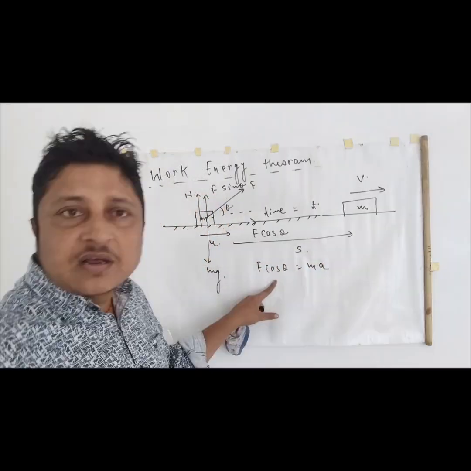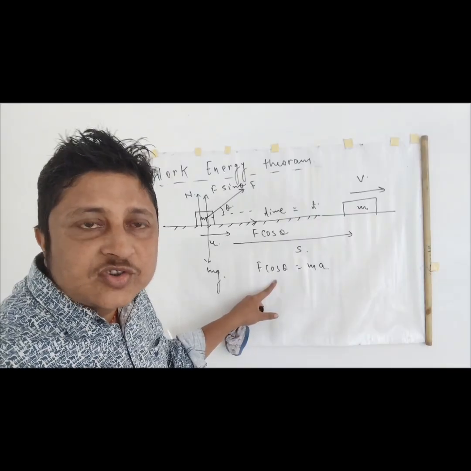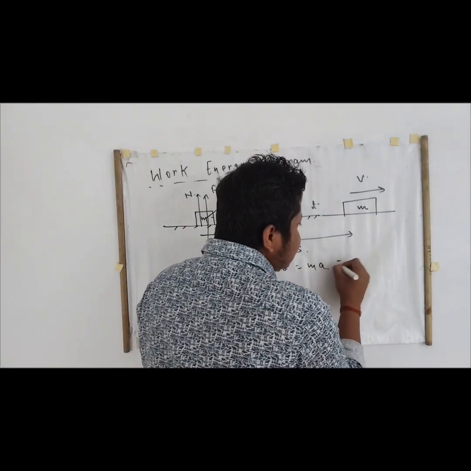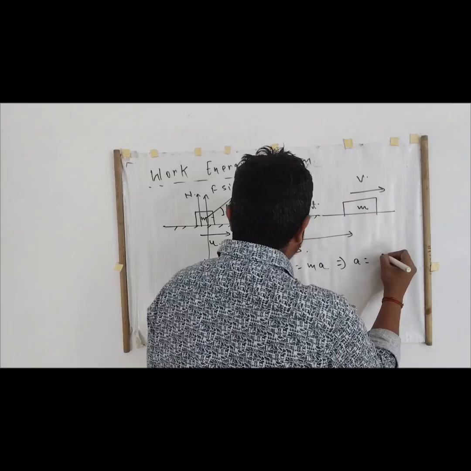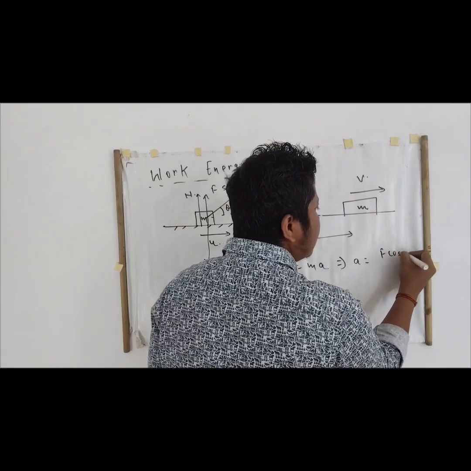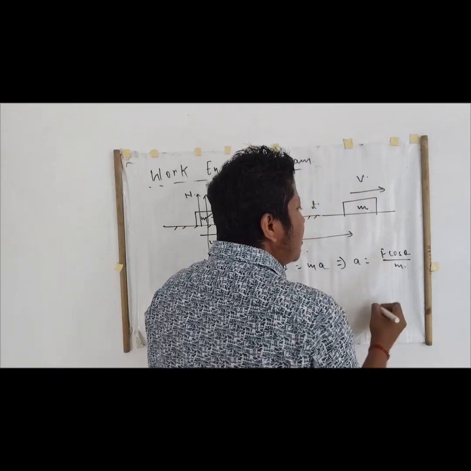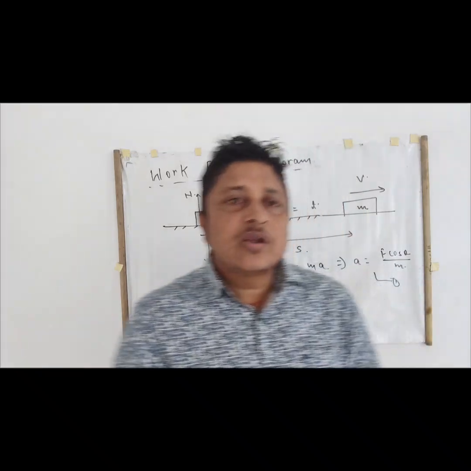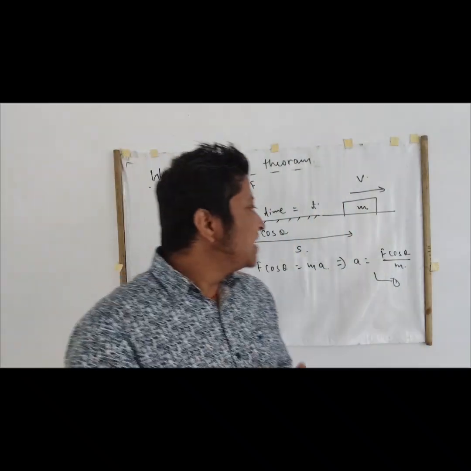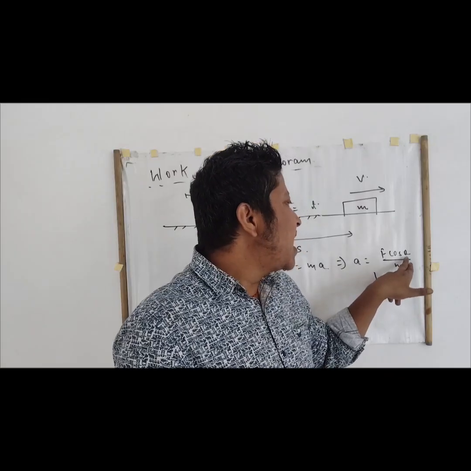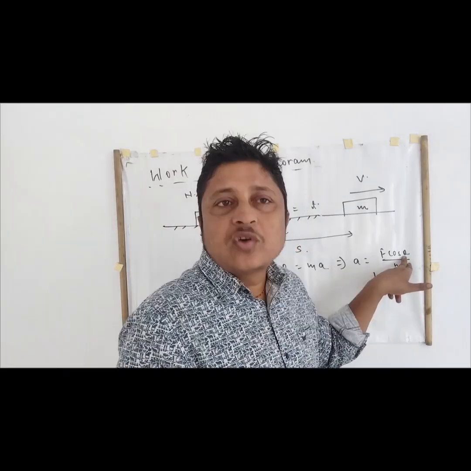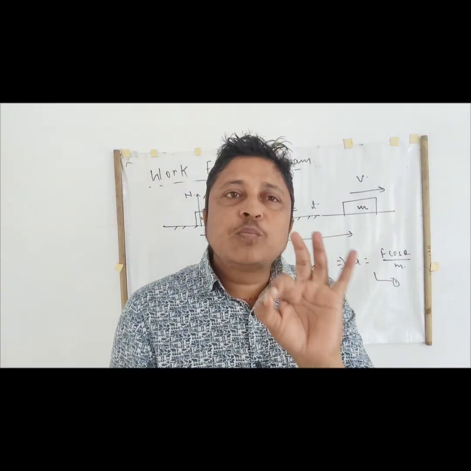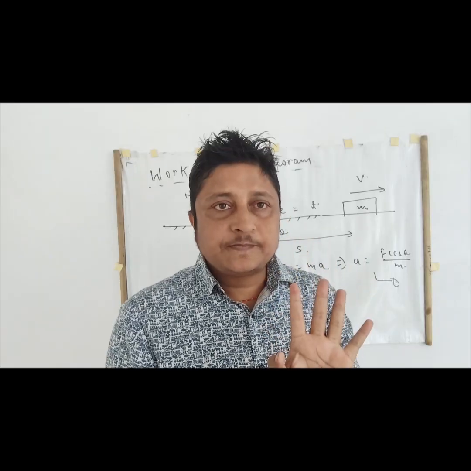Hence the acceleration of the body is F cos theta by m. This is our first equation. As the force, the mass and the cosine of the angle are all constant, the acceleration produced in the body is also constant.